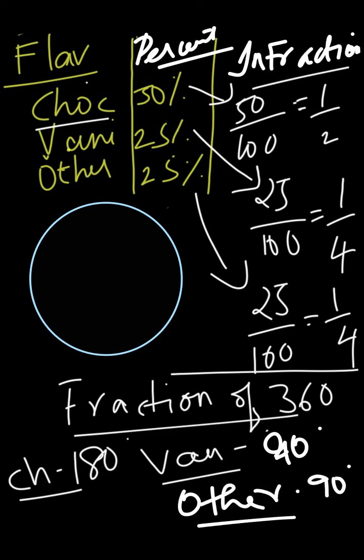Clear? Now how to draw? After getting this much information, it's enough. First draw the circle. Here my blue circle is visible, I think. Put the center. My center is not proper, I'm not sure about it. Name it as O. First draw one radius.